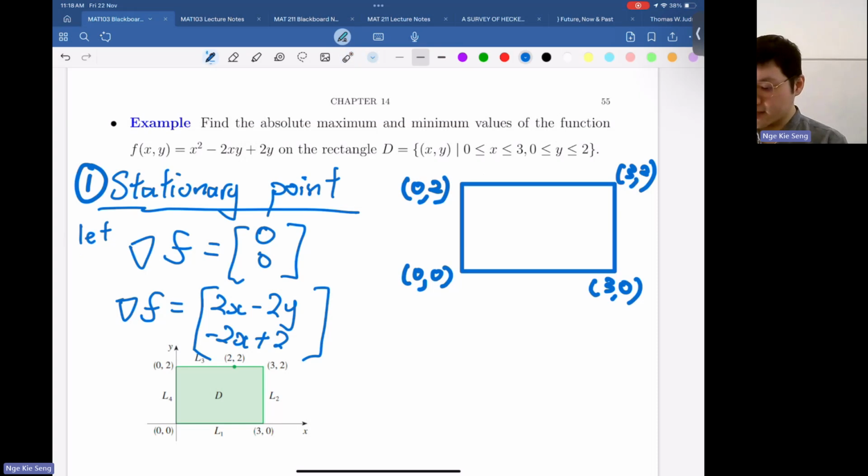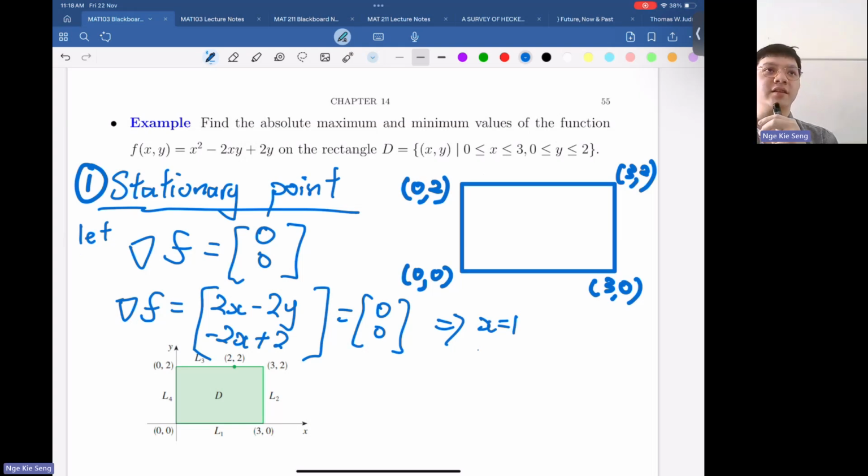So if you set this equal to 0, what do you get? I think we can quickly compute it. This is a simultaneous equation, right? You can use row reduction or anything you like.